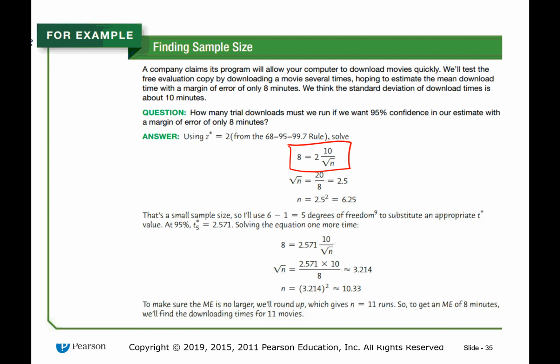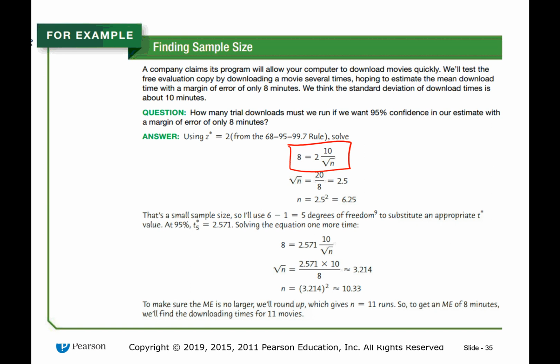We're going to use a Z star, which in this case is pretty close to a T star number, of just 2. We're trying to get a rough estimate here. How big is n? How big of a sample size would we need to get our margin of error, ME, down to 8 minutes?